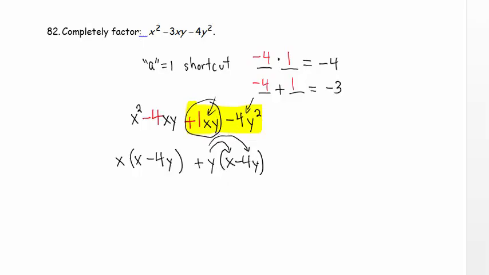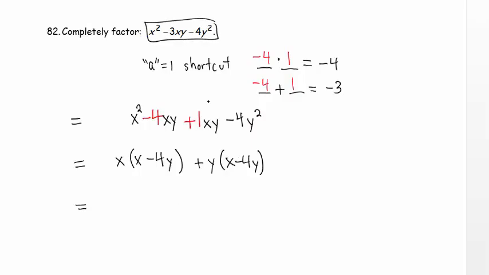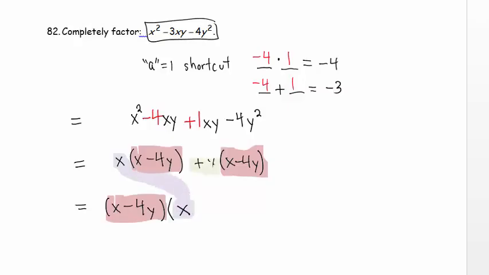Y times negative 4y is negative 4y squared. So the factorization of our polynomial here is x minus 4y times x plus y. Let me rewrite that so you can see it better. Now I invite you to check this by FOILing to see that you come up with this original polynomial here. I'll let you do that. We'll check the answer key.